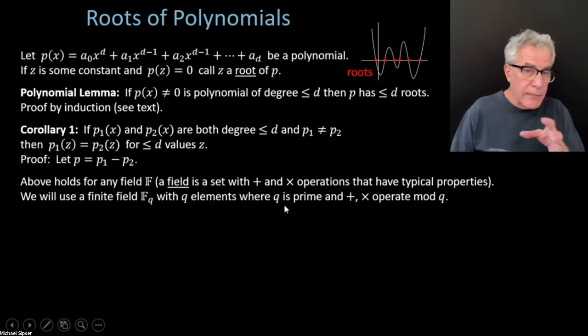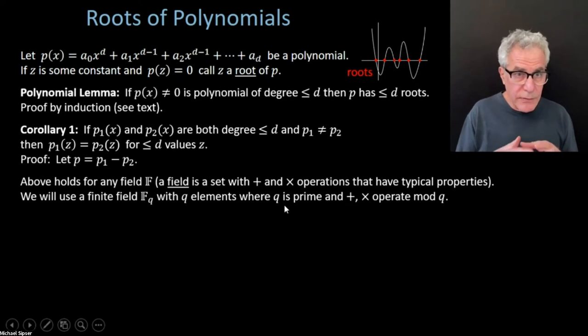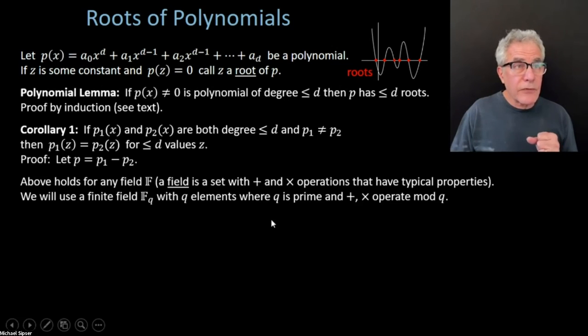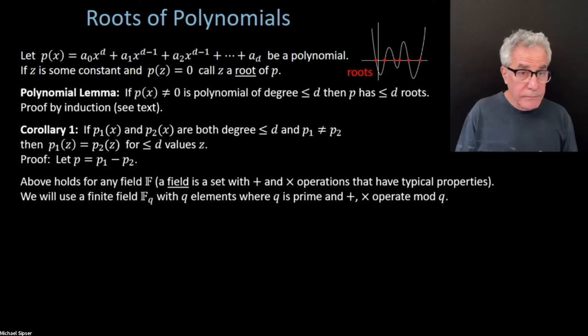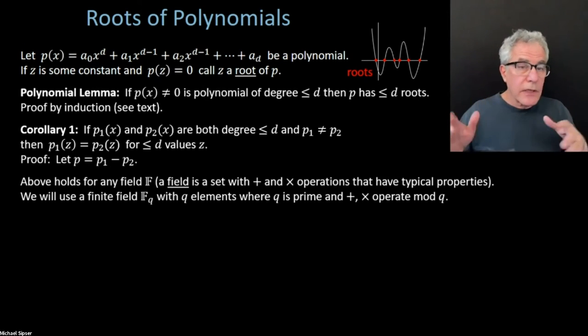It turns out, and I'm not going to prove all this, but it's pretty simple stuff, that if you just take the numbers from 0 to q minus 1, and use plus and times mod q, that has all the right properties to be a field. So we just think of it as modular arithmetic mod some prime q.